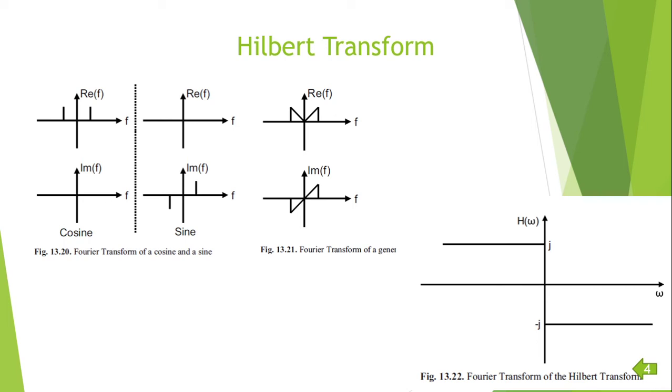Refer figure number 22 now. The figure number 22 shows the transfer function of a Hilbert transform. The Hilbert transformer is a signal processing block with special characteristics. Its main purpose is to phase shift a sine signal by 90 degree. This means that a cosine is converted to a sine and a sine to a minus cosine. It shifts by 90 degree only.